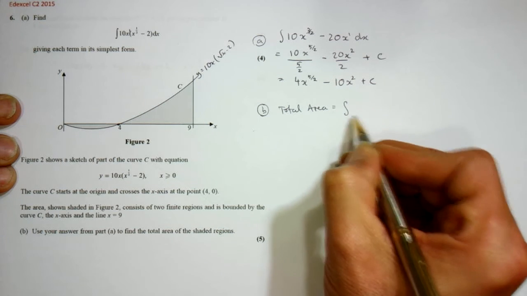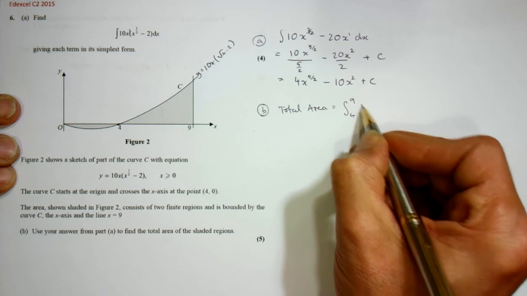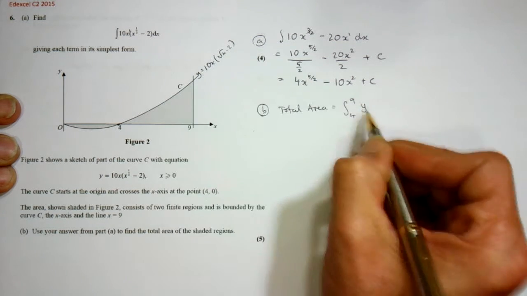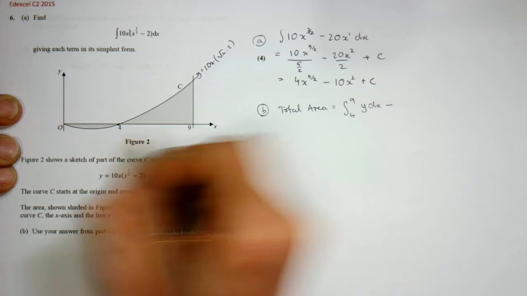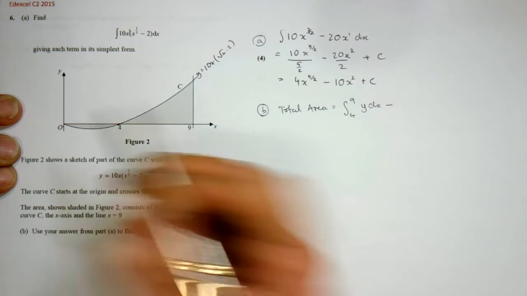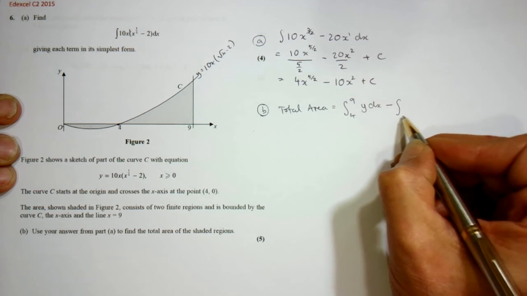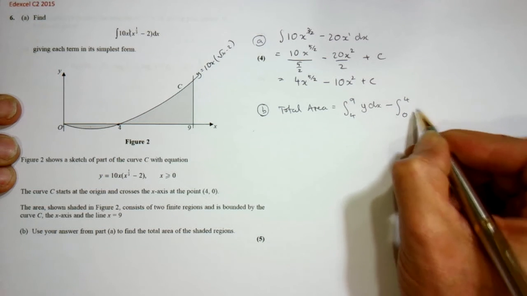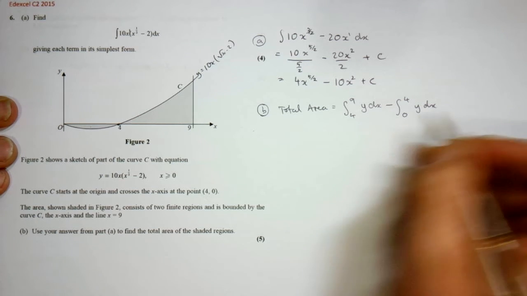is equal to the integral from 4 to 9 of y. I'm going to write y rather than copy this function out, dx. And if we take away the integral from 0 to 4, taking away will change the negative area to a positive. So it's 0 to 4 of y dx. And we probably get a mark for writing that down.